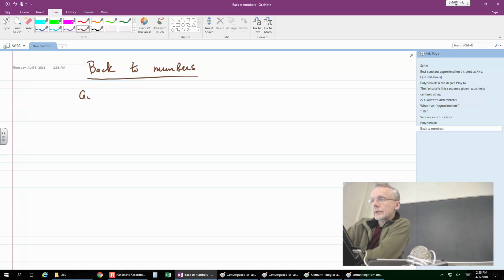So a_n is a sequence. Then we create a new sequence. It's called the sequence of partial sums.